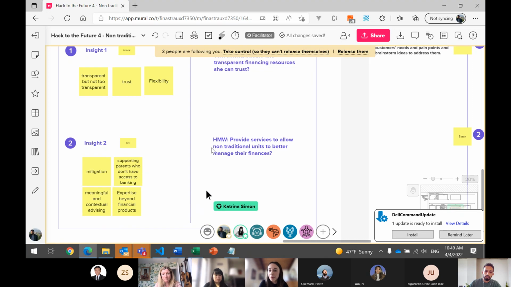Thinking about how might we, so from the bank perspective, how might we provide services to allow non-traditional units to better manage their finances? I think maybe we can add and strengthen this here too, right, with our insights. So maybe how might we provide services to allow non-traditional units to better manage and advise within their finances?